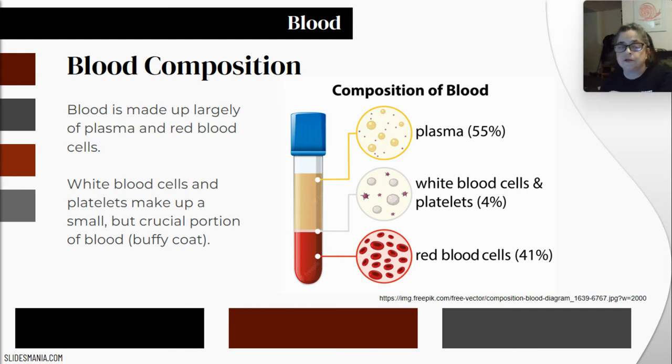A small percentage, but a really crucial portion, that you find in what is known as the buffy coat, because it's sort of this beige layer that you see in between the plasma and the red blood cells when you centrifuge blood to separate it out into its components. So, we're going to start with red blood cells and work our way through these different components of blood.